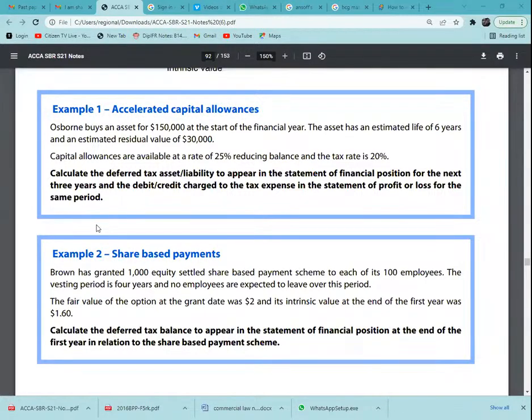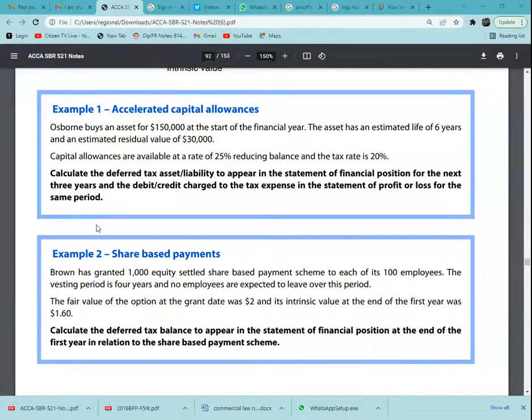The fair value of the option at the grant date was 2 and its intrinsic value at the end of the first year was 1.6. Ladies and gentlemen, remember what Mr. Norbert told you, something very easy: for you to get the share-based payment, you shall take it to your balance sheet.